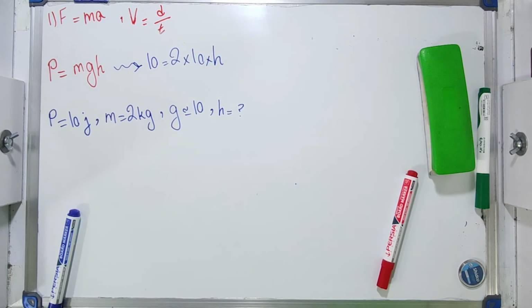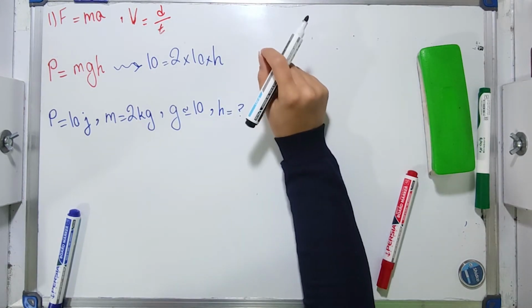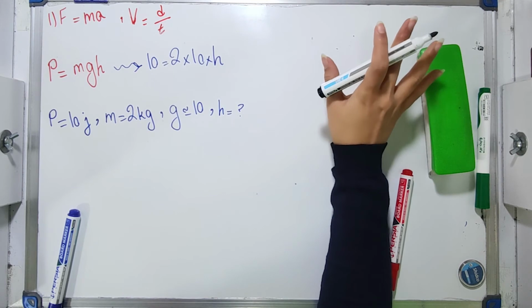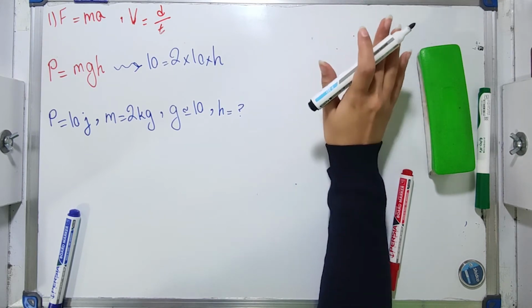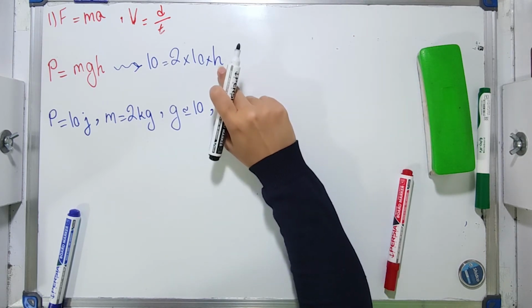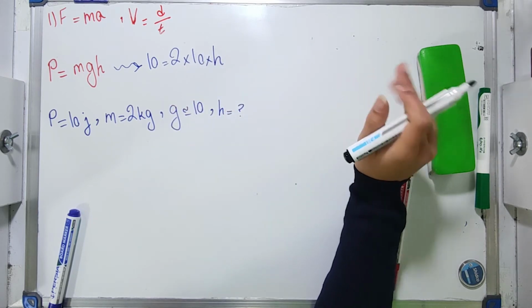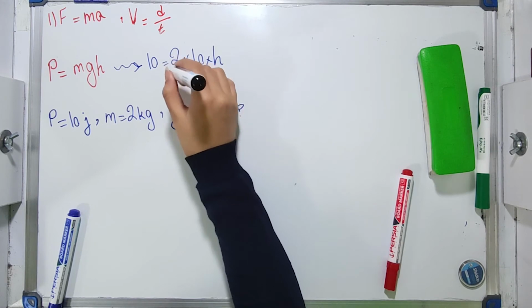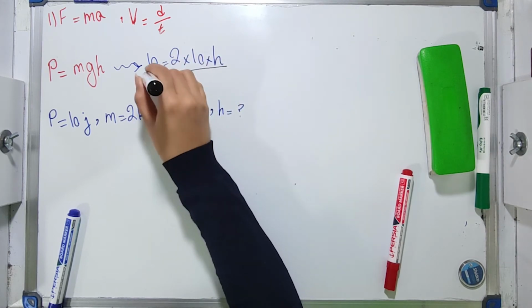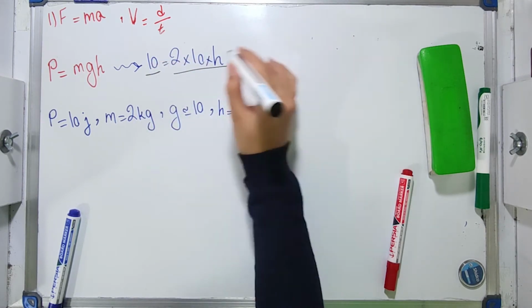So guys, if I want to talk about the algebra, because you want to make h alone, you have to cancel 2 and 10. So what you are supposed to do is a division for both sides.